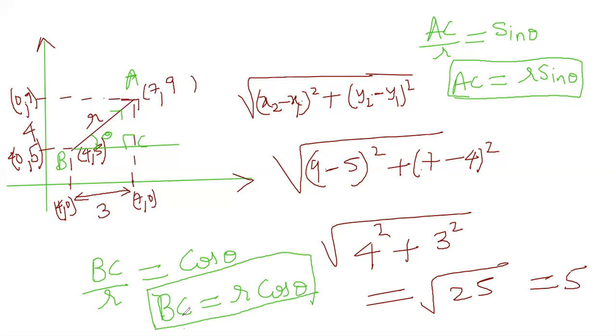BC is the displacement along the x-axis, small x is equal to R cos theta, and AC is the displacement along the y-axis, small y is equal to R sin theta. Now, if you differentiate this with respect to time, you will get the velocity vectors. Is it or not? If you want, you can note it.